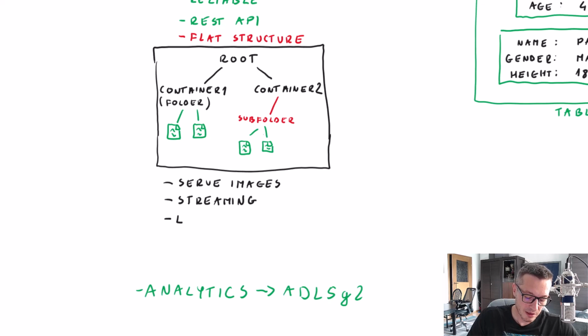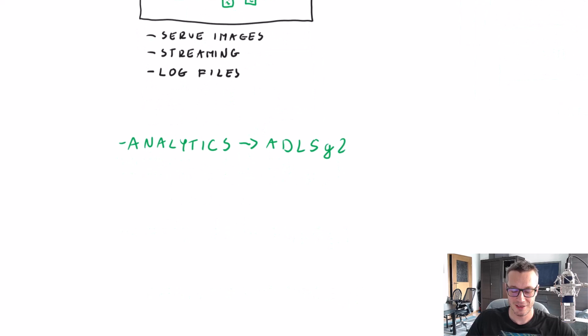Likewise, if we need some place to store our log files, then this good old blob storage would work quite well. But when we want to do some analytics on the data, then we've got to turn on this ADLS Gen 2.